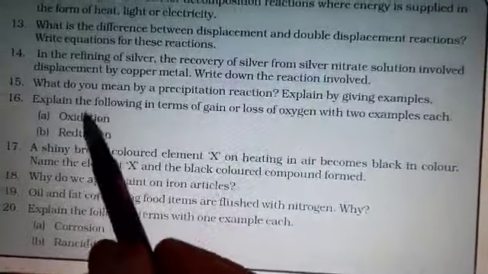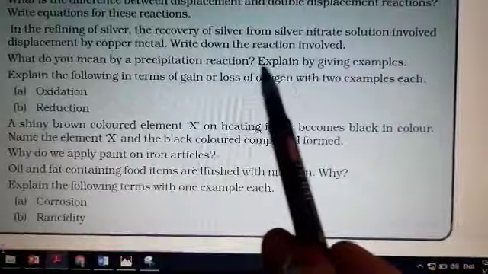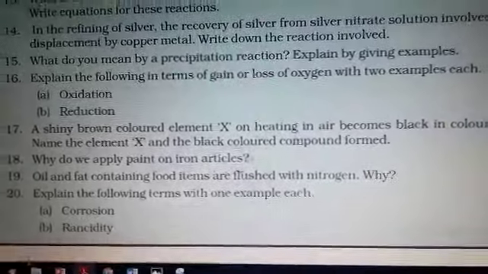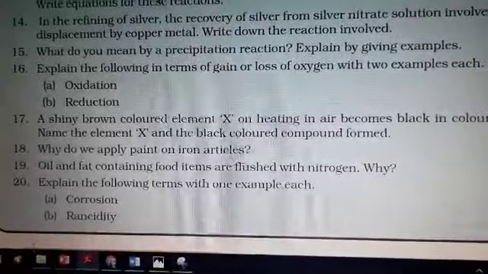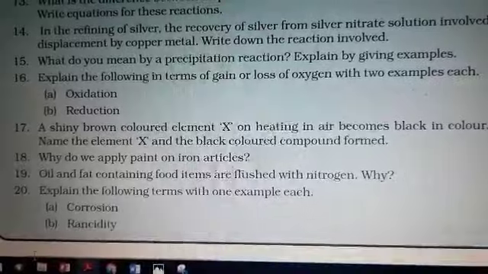What do you mean by precipitation reaction? Next question is, what do you mean by a precipitation reaction? Explain by giving example. Please always remember, precipitate is an insoluble substance, right? It cannot be mixed.